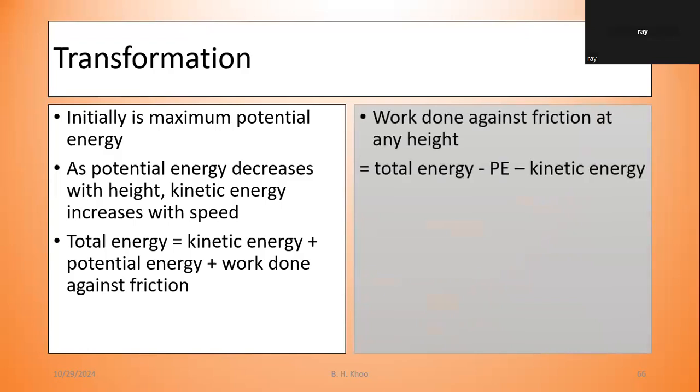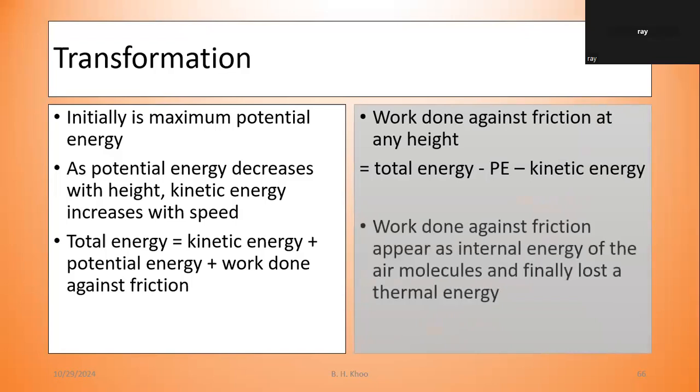You should be able to write down the equation. Work done against friction at any height equals total energy minus potential energy at that height minus kinetic energy at that height. Work done against friction appears as internal energy of the air molecules and is finally lost as thermal energy. The air becomes warm.